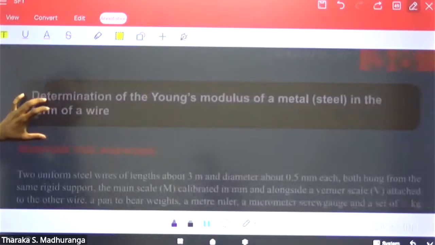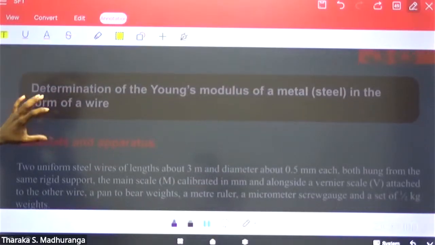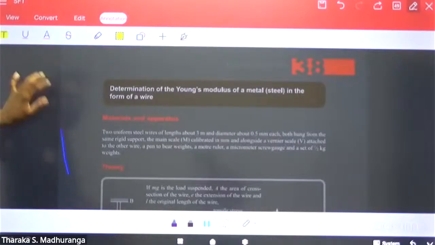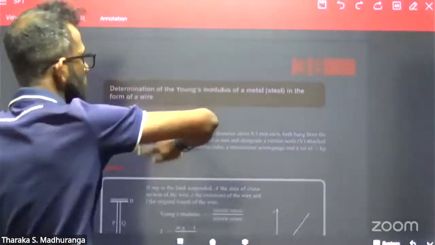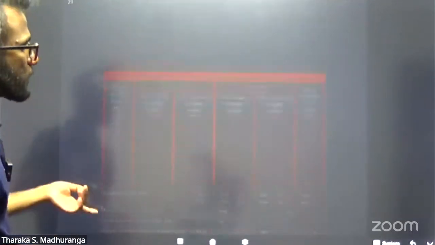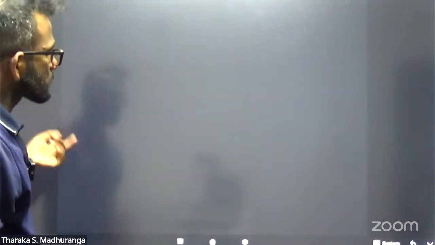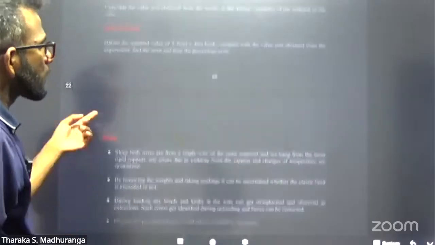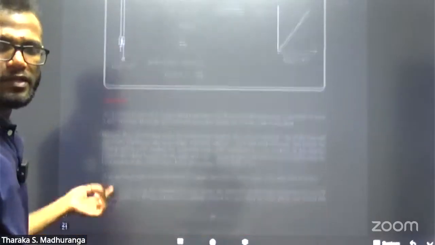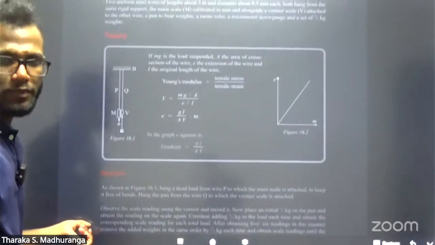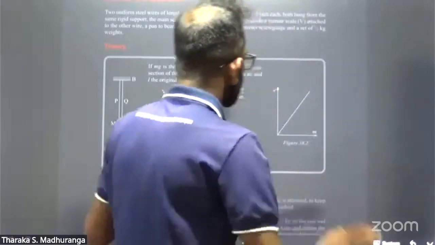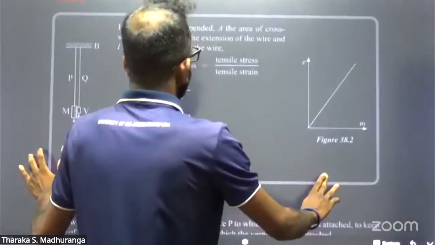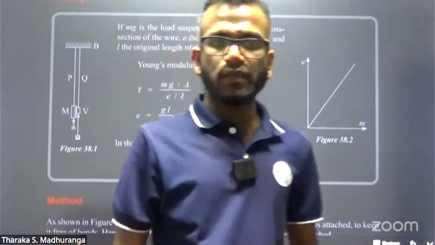This is Young's modulus. I think if you go to Young's modulus today, it will confuse you how many practicals we have. We only have Young's modulus, and there is another practical I need to add here, fluid mechanics. Now you have time.